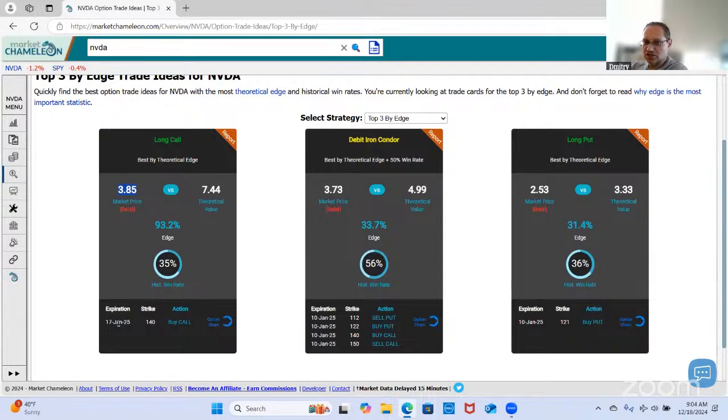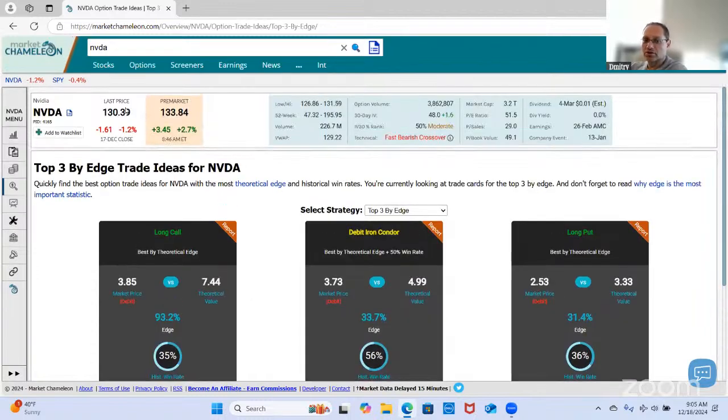So we're looking at the January 17th 140 strike. If you pay $3.85 and you wait till expiration, then the stock has to be above 143.85 for this to be profitable. And currently it's 130.39.